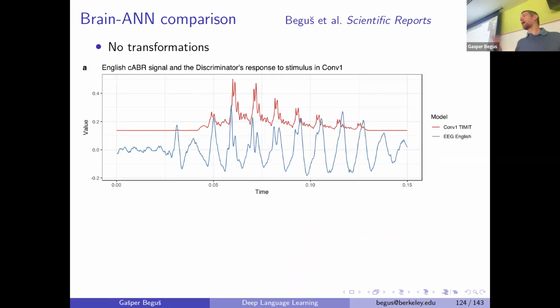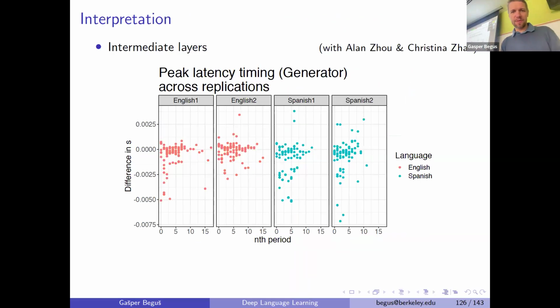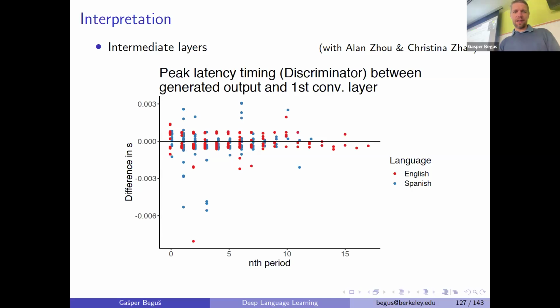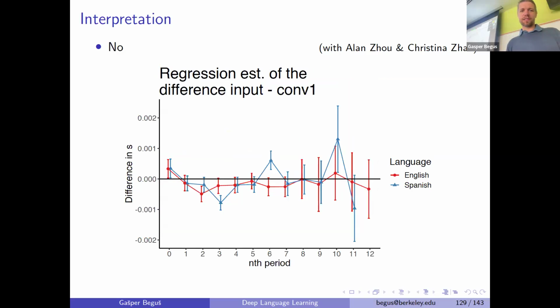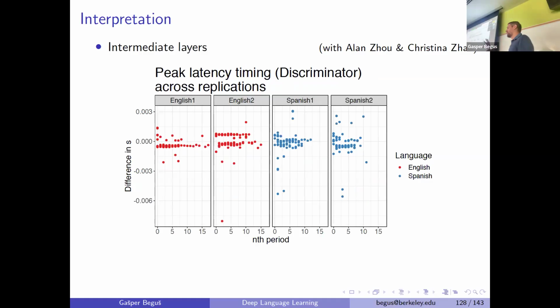And then you can train a model on Dimex and a model on Timit, mimicking Spanish and English speakers. You can measure if there are similar peak differences, and we find similar peak differences. In the Spanish model, there was similar encoding in peak latency as in the brain. And we replicated that twice.